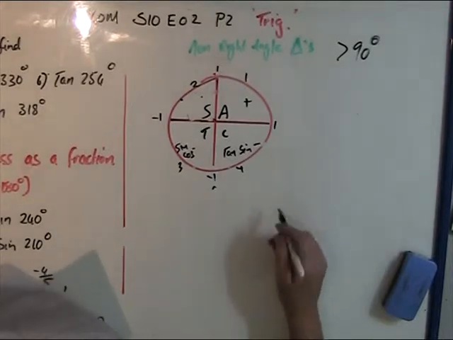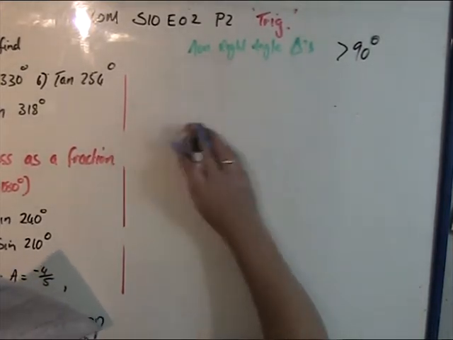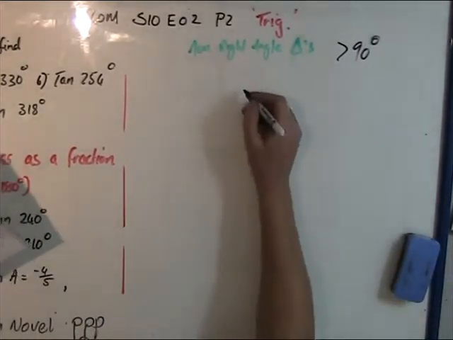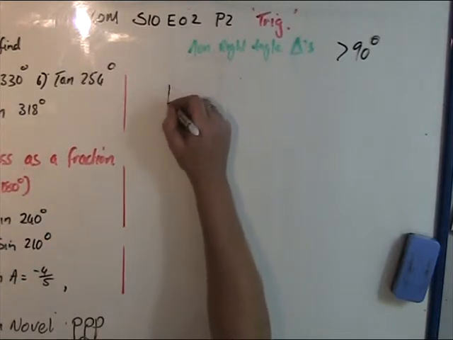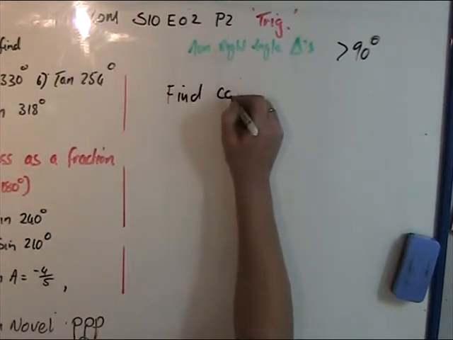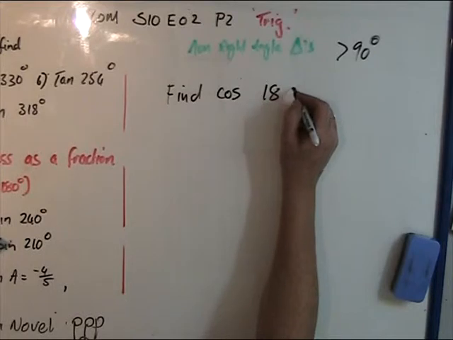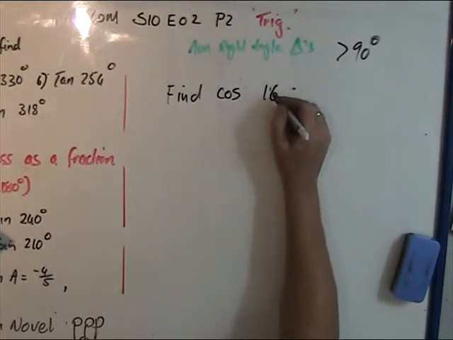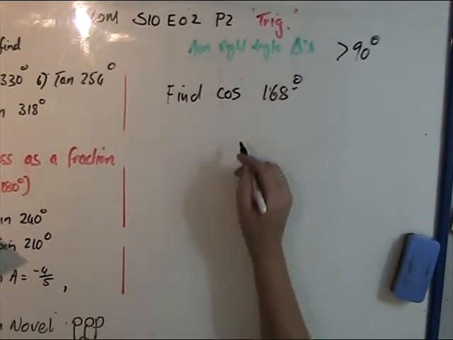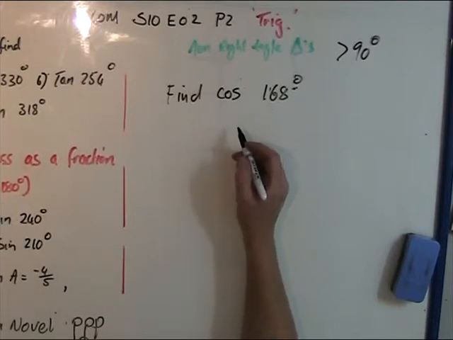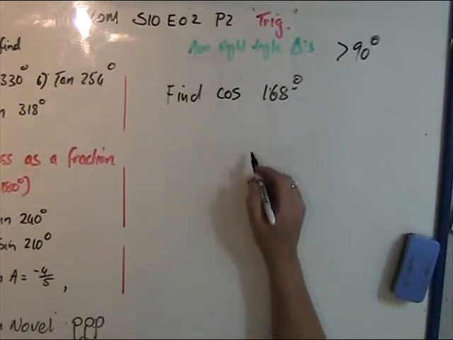Now let's have another look at another question with a unit circle in it. It says find cos of 168 degrees. Now I have to find out what that is.